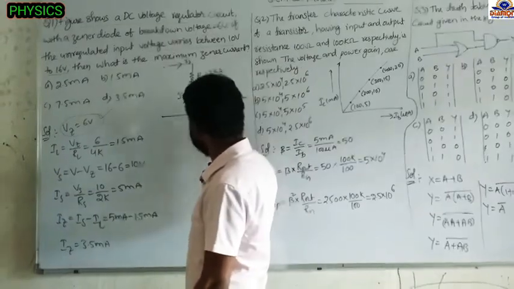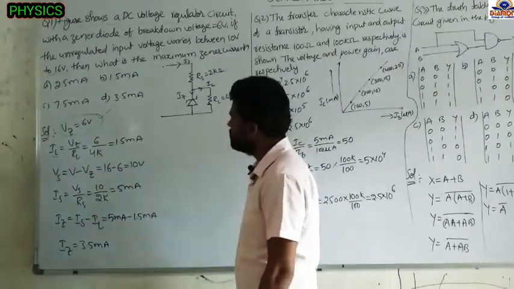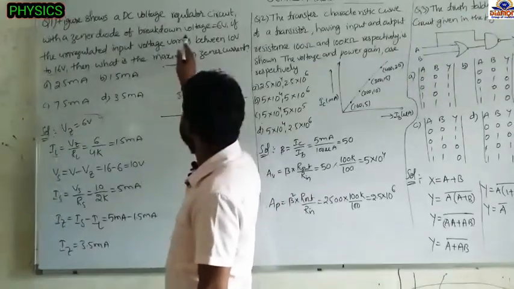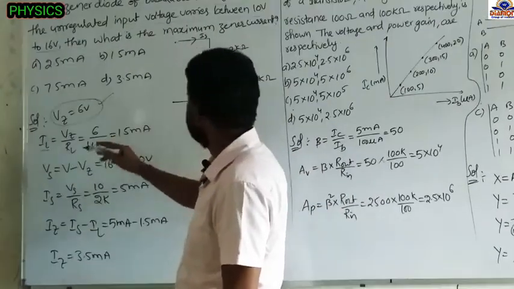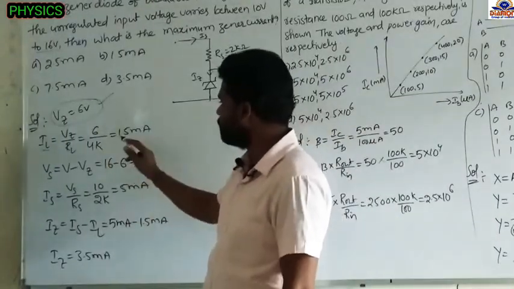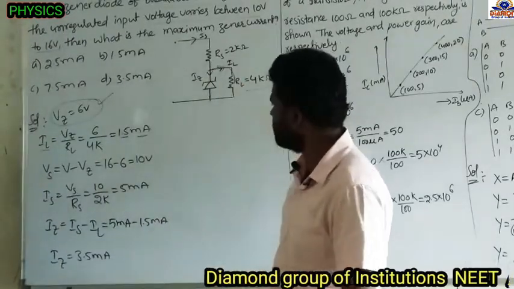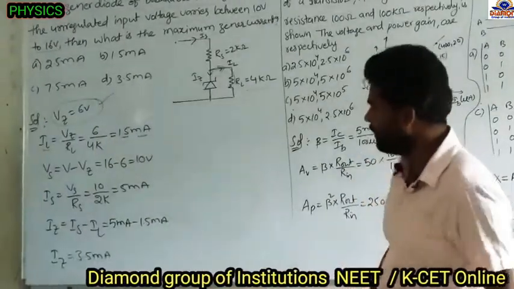Then the current flowing through the load resistor is IL equals VZ by RL. VZ, the Zener breakdown voltage, is given as 6 volt, and the load resistance value is 4 kilo ohms. So 6 by 4 is 1.5 milliamperes. The current passing through the load resistor is 1.5 milliamperes.